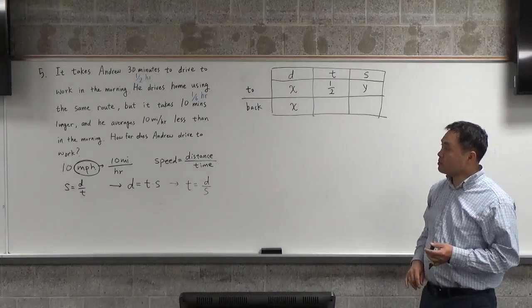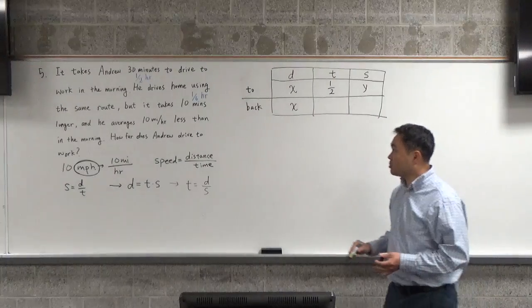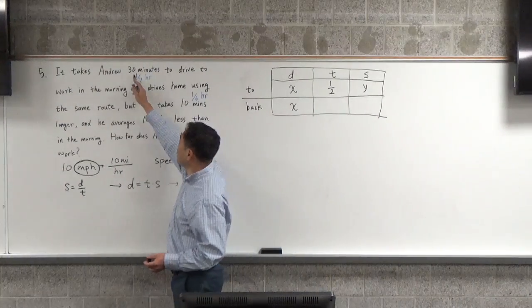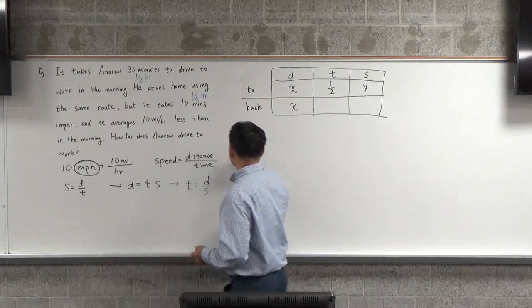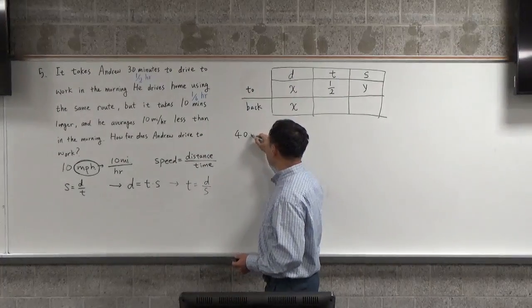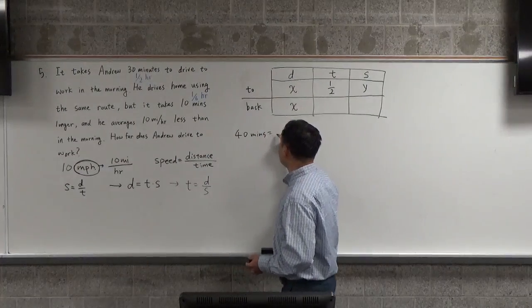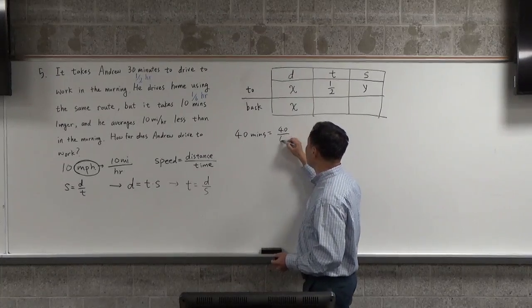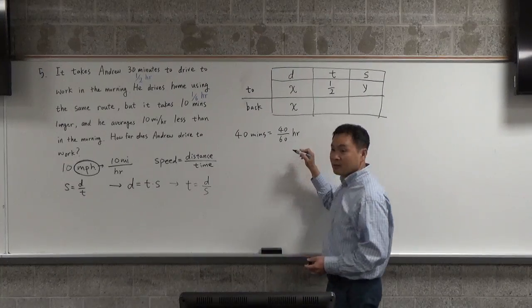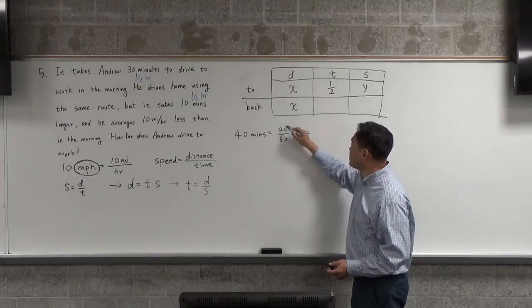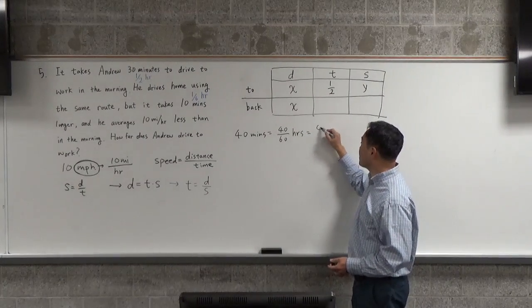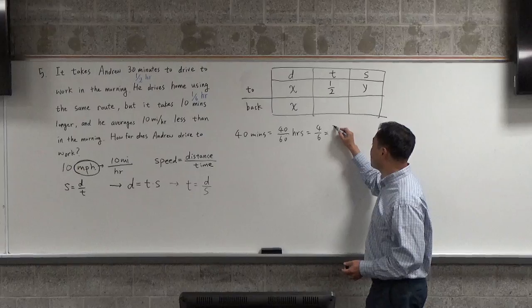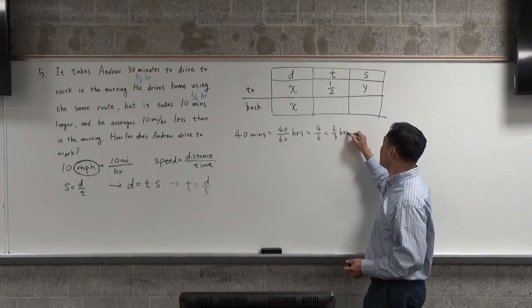Okay, how about the time? It took 40 minutes, right? 30 minutes plus 10. So it's 40 minutes, which is 40 out of 60 hours, right? And you can cancel the zeros out, and 4 out of 6, which is 2/3 hours, right?